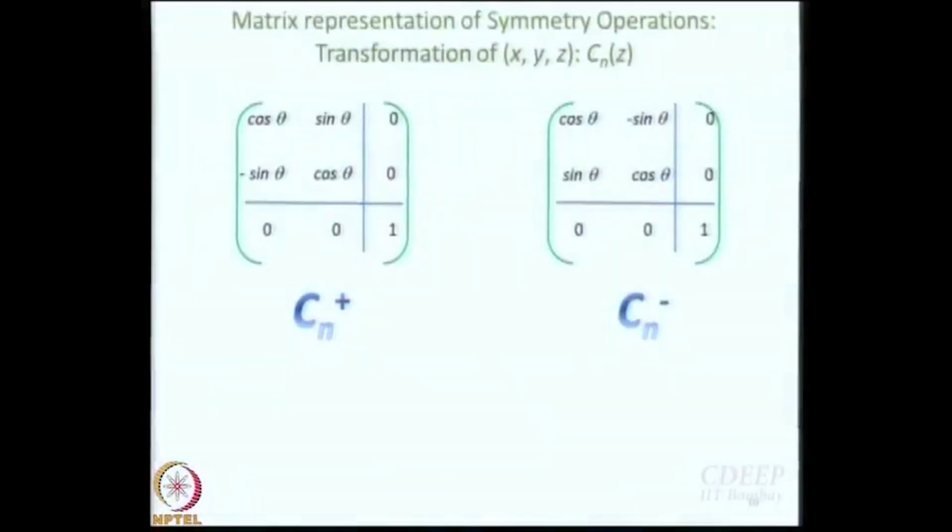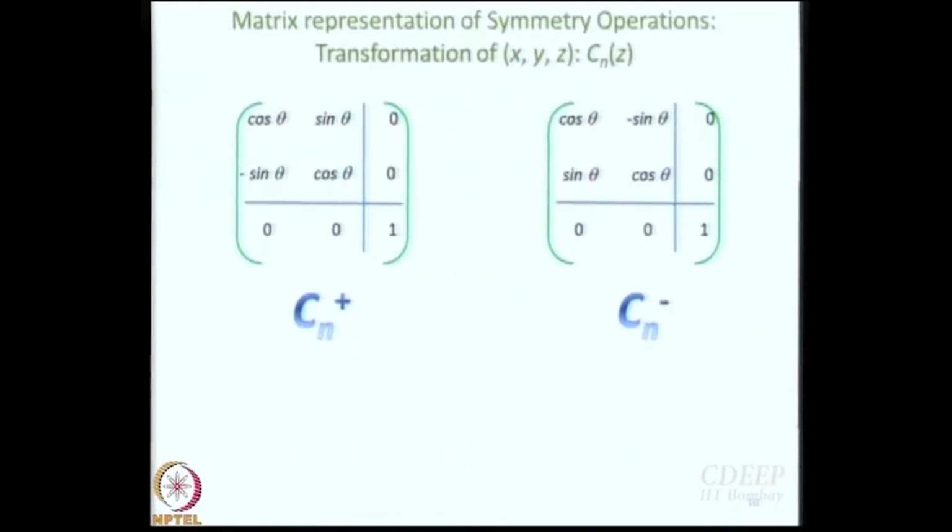Okay, right. Now let us turn our attention to a little more complicated matrix that we had encountered earlier. Remember these matrices? We had used the coordinates of a point x, y, z as the basis, and we had worked out these matrices for a Cn rotation. So for Cn plus, we got cos theta sin theta 0, minus sin theta cos theta 0, 0, 0, 1, and for Cn minus, we got cos theta minus sin theta 0, sin theta cos theta 0, 0, 0, 1, right?